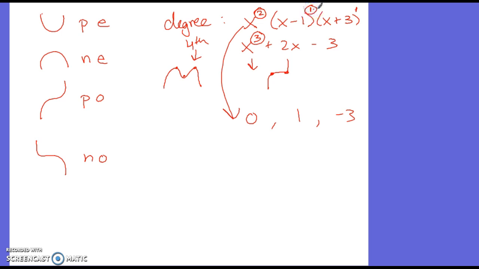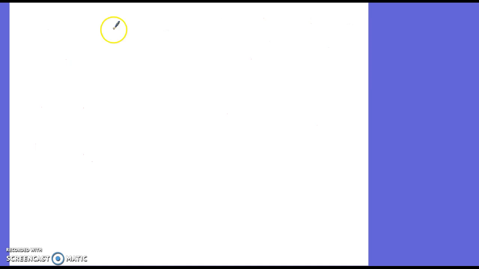All right, so let me work through an example. Let's say I have 6x minus 3x squared. And I'm going to graph this polynomial.